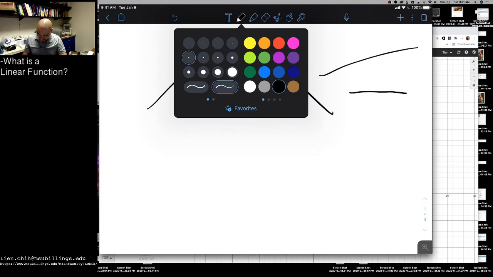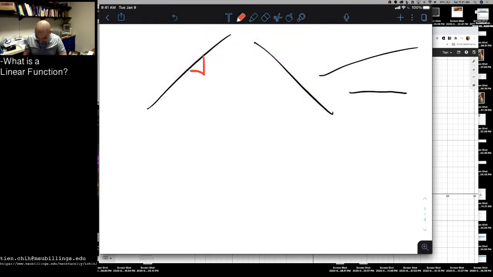So if I look at this line here, every time I go to the right by some units, I'm also going up by some units as well. Over here, every time I'm going right by some units, I'm going down by some units. Here, the same thing happens, but it's shallower than before.